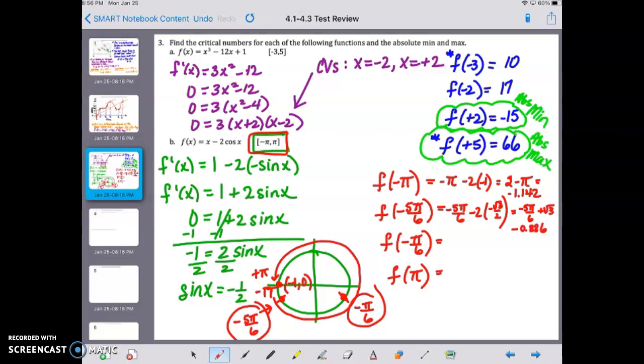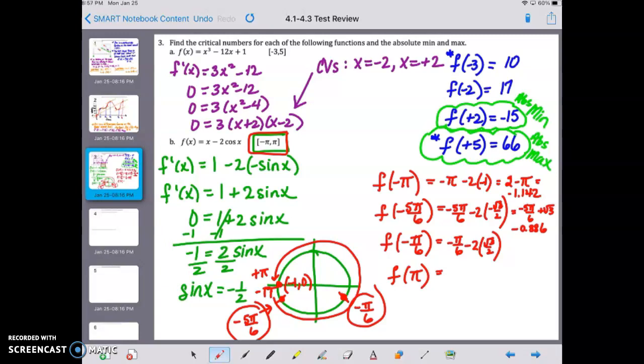All right. Now I do f of negative pi over 6. So again, I'm going to have negative pi over 6 minus 2 times the cosine of negative pi over 6, which is going to be positive square root of 3 over 2. So the 2's cancel, but the negative stays. So basically I have negative pi over 6 minus the square root of 3.